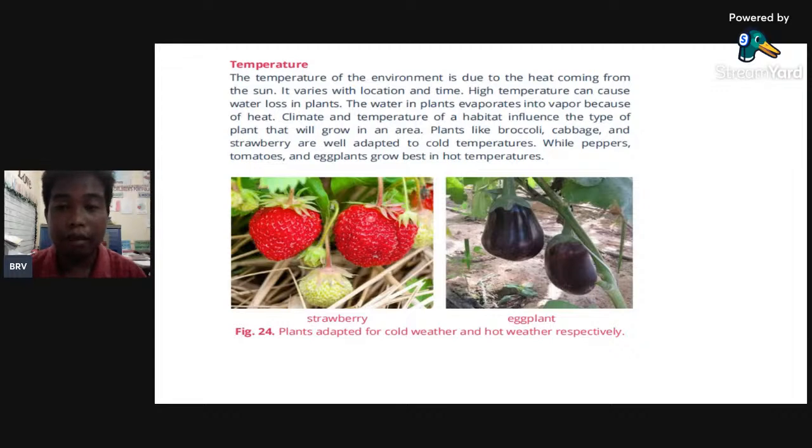Okay, plants like broccoli, cabbage, and strawberry are well adapted to cold temperatures, while peppers, tomatoes, and eggplants grow best in hot temperatures.